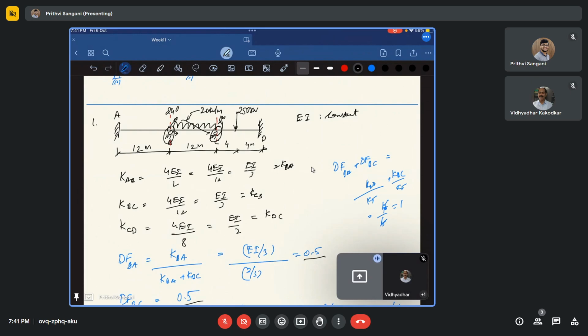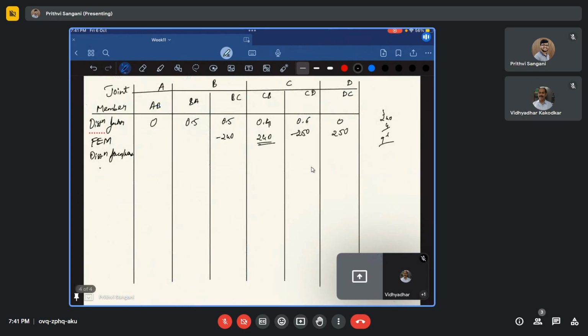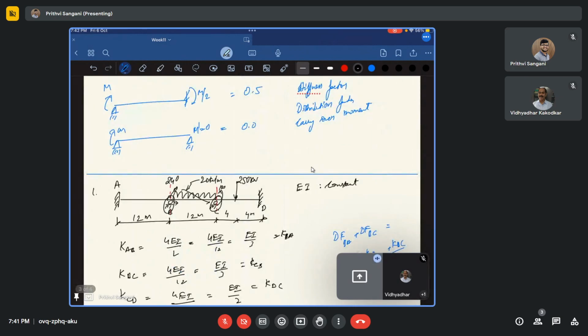In support B, MBC, we have already derived MBC as minus 240. Okay, at support CB we have plus 240 and minus 250. How much is that? So in support C, let us say this is my support C, CB is going to be positive 240 and CD is going to be negative, minus 250.